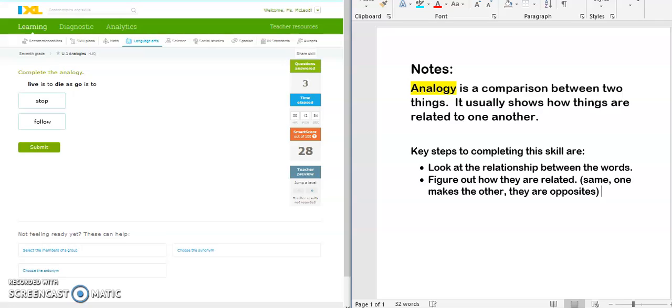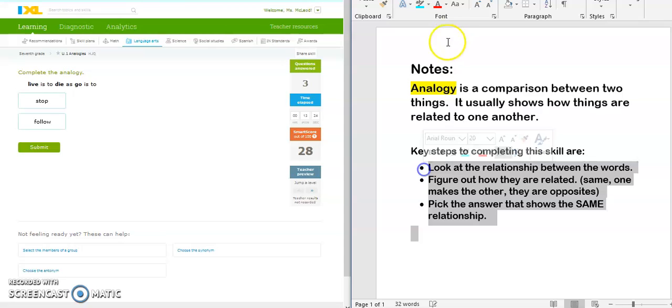So once you find out how they're related, you will pick the answer that shows the same relationship. All right. Just like we did in my examples, use these key steps to help you as you figure out as you go through.